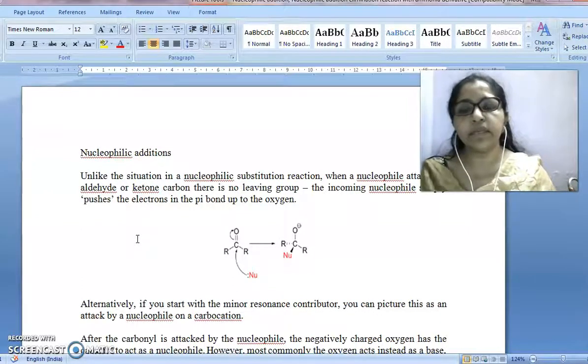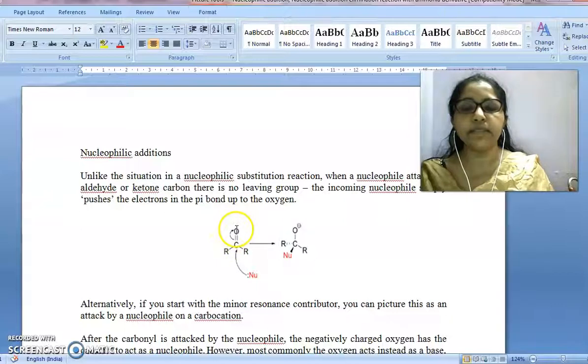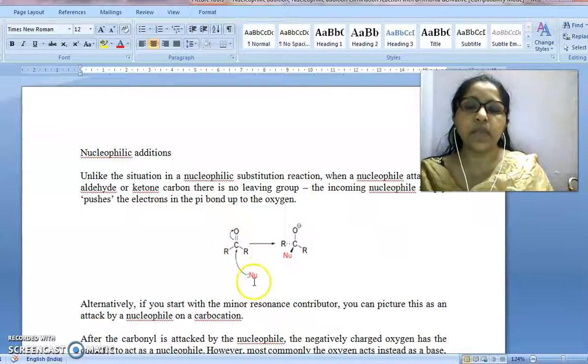And here we have seen that in carbonyl compounds there is a bond, that is pi bond, between carbon and oxygen, and this pi bond can break easily to give oxygen a negative charge and accordingly positive charge on carbon. So a nucleophile, whenever it comes near carbonyl compounds, definitely has an ample opportunity to attack the carbocation and accordingly form a bond.